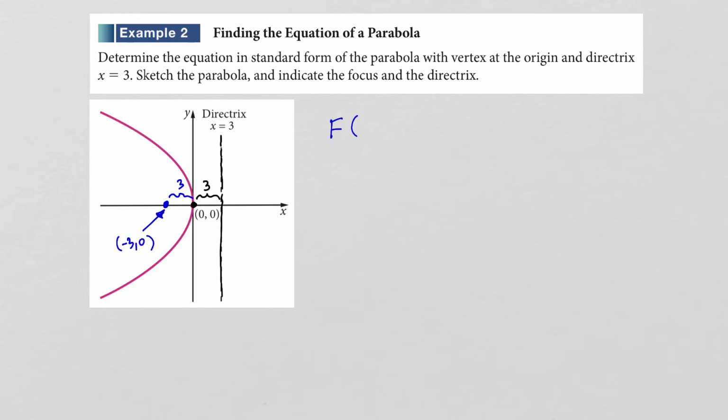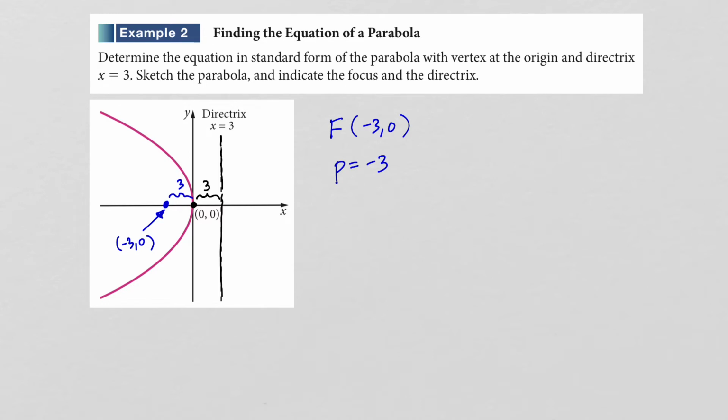So the focus must have coordinates -3, 0. Also, we know that this distance, this 3 units, has to be the value of p. So we know that p equals 3. And since it is opening to the left, p has to be negative. So actually, I need to correct that. p has to be -3 because it is opening to the left.